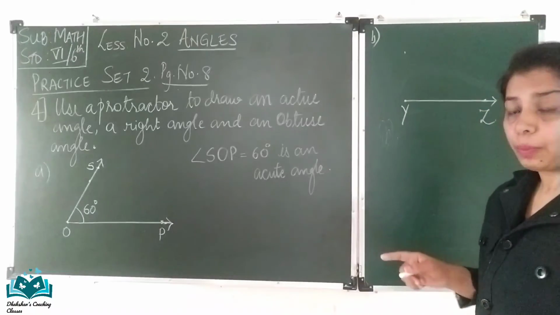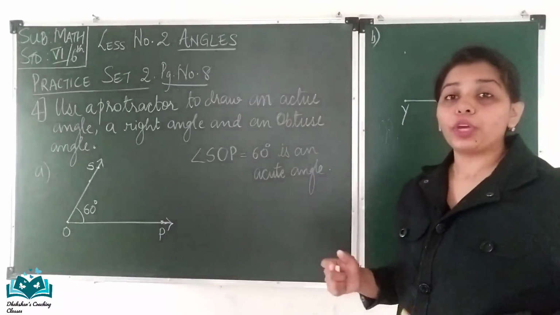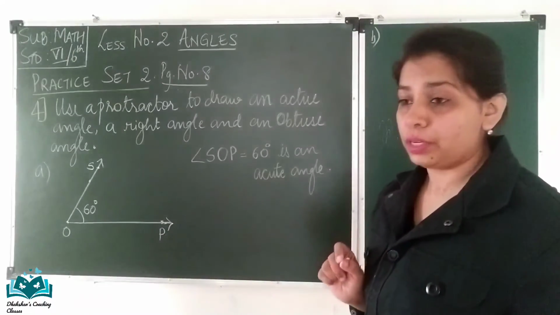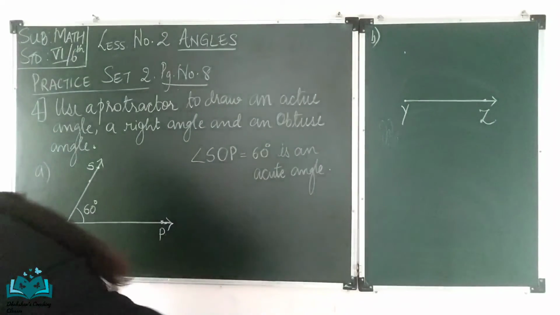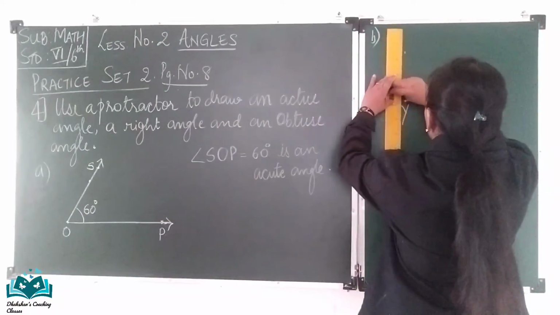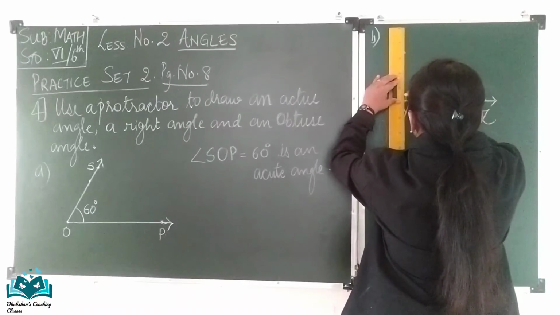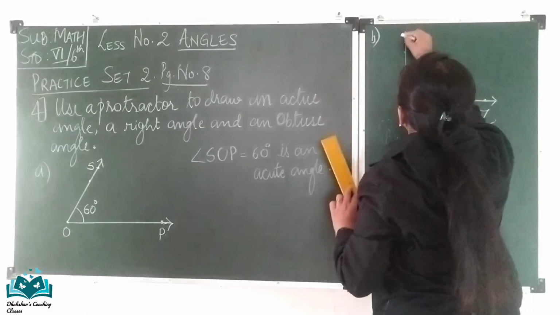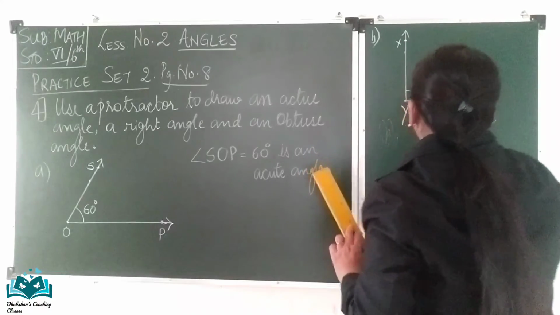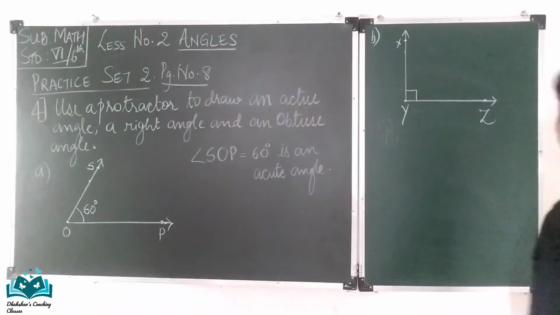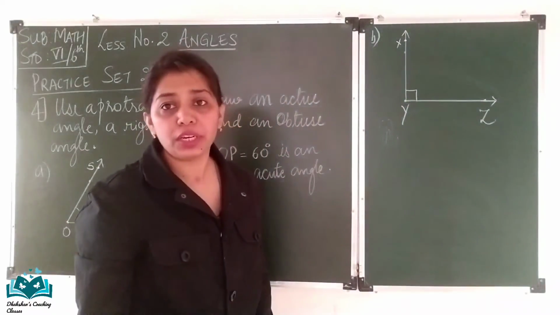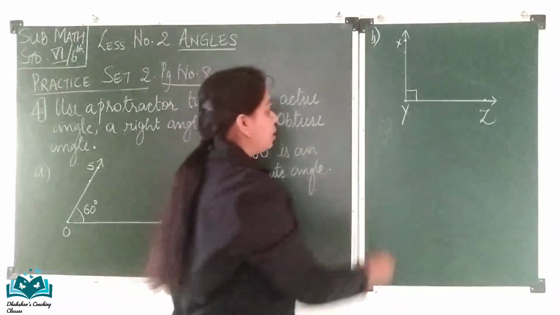Then again with the help of a scale, I will be joining point Y and the given point. Angle XYZ is my right angle whose measure is 90 degree.